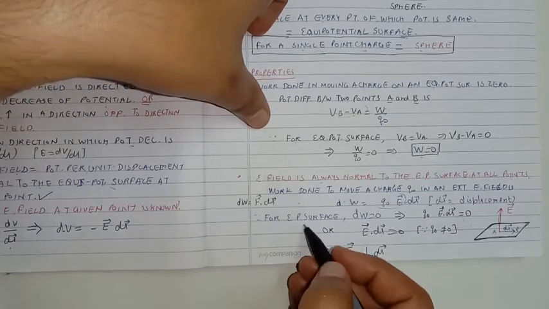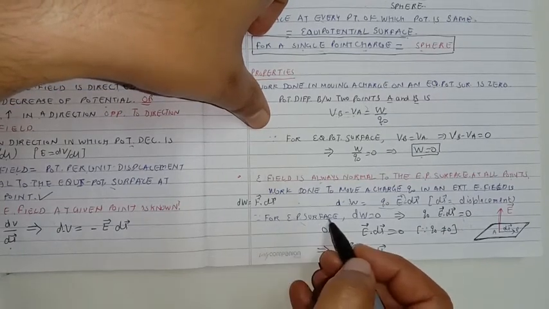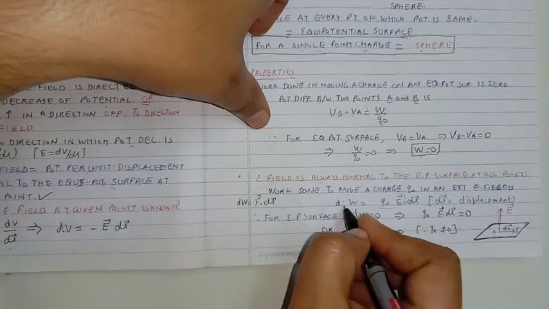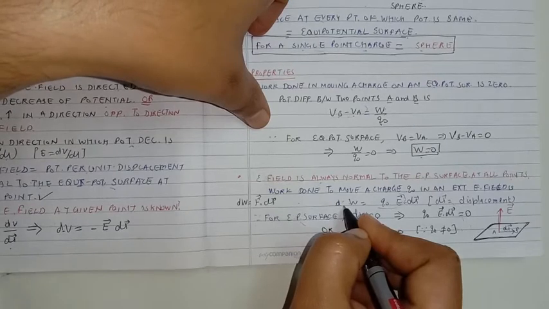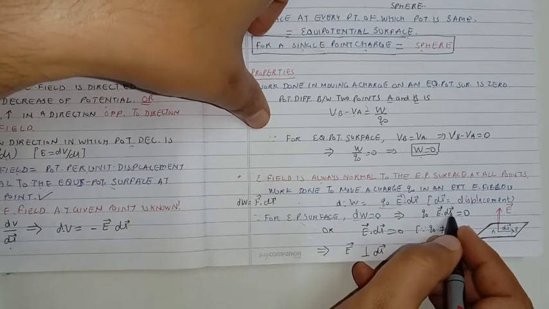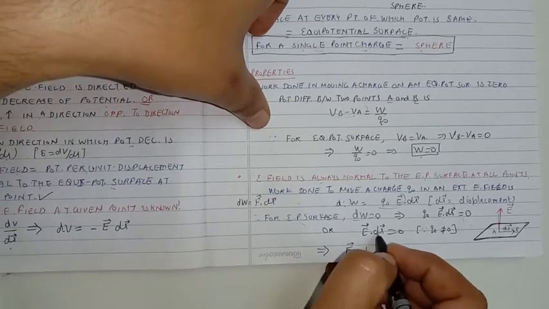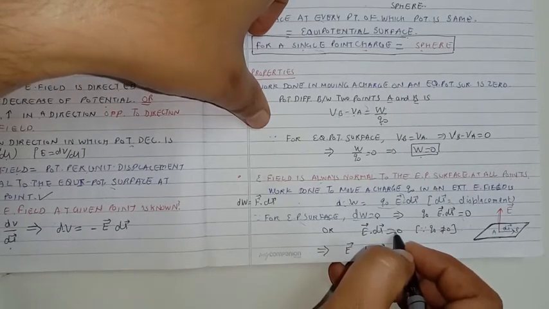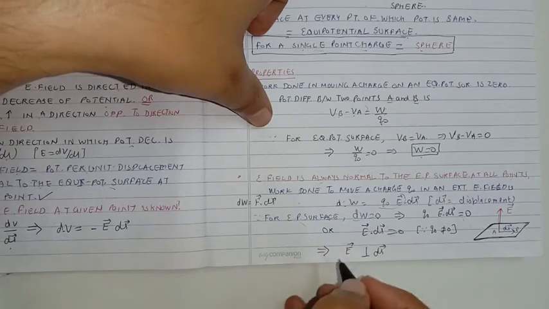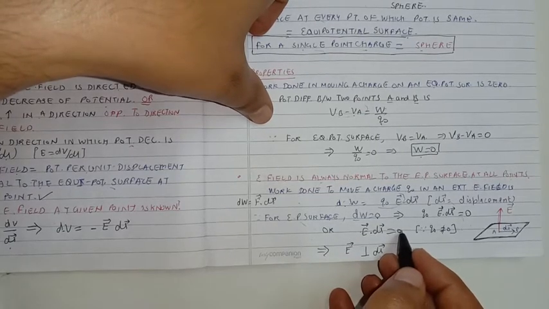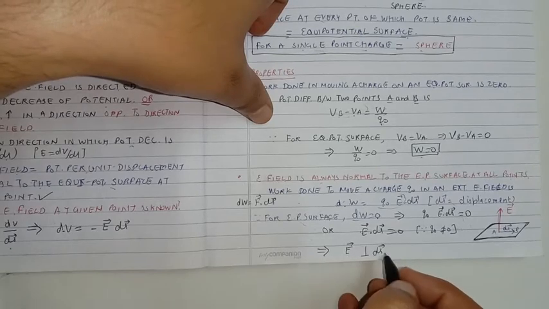But an equipotential surface has the important property that no work is done to move the charge between any 2 points. So if dW is equal to 0, Q naught into E dot dr will also be equal to 0, because Q naught cannot be equal to 0. So the scalar product E dot dr becomes equal to 0, and we know that the scalar product of two vector quantities is 0 only when the two quantities are perpendicular to each other.